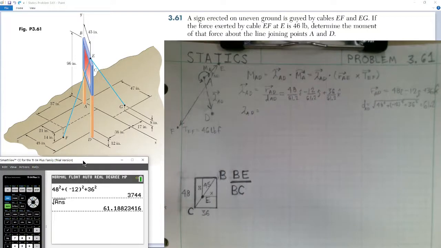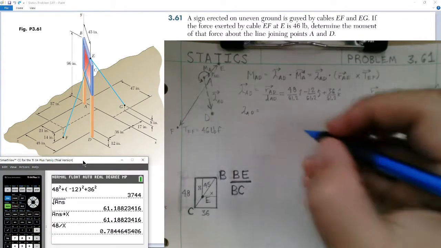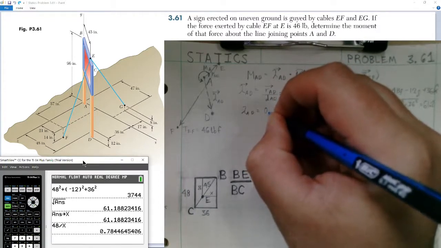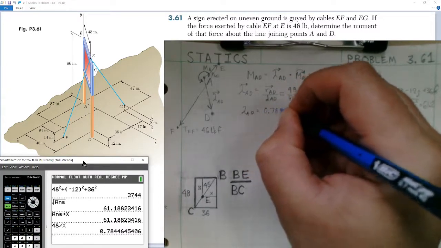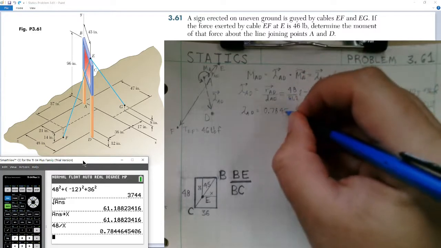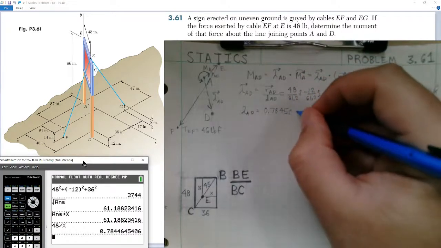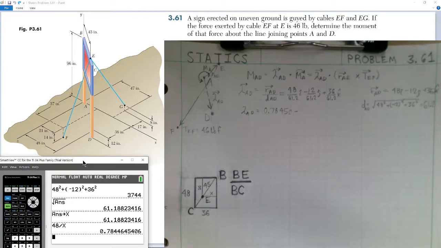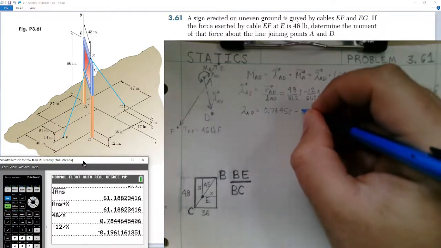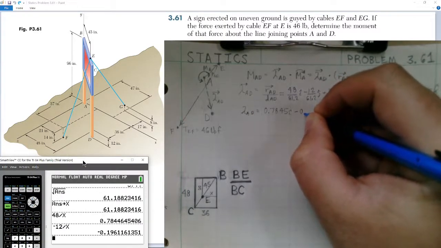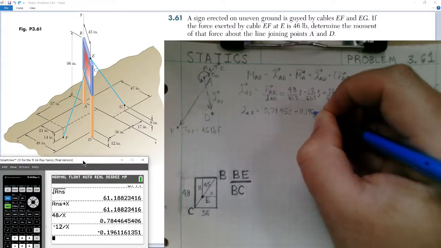And I'm going to do a trick. I'm going to store this answer as X, and then just divide each value by X in the calculator. So 48 divided by X, we have 0.7845 i hat, minus, now we have 12 divided by our number stored as X, so minus 0.196 j hat.